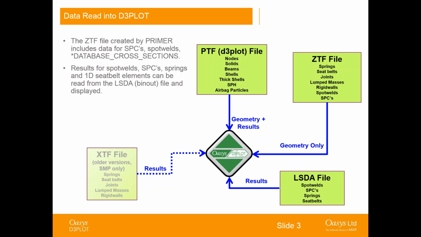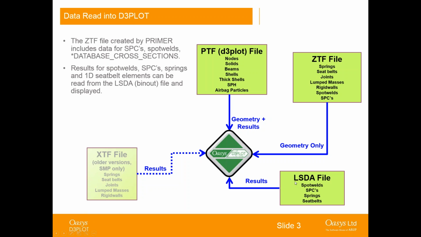For example, we have information on springs, seat belts, joints, rigid walls, spot welds, and single point constraints. That information isn't in the PTF files, but we can write that in the ZTF file. It extracts that data from your keyword, and D3PLOT can read that in. That's very useful in manipulating our data and understanding which results we want to plot.